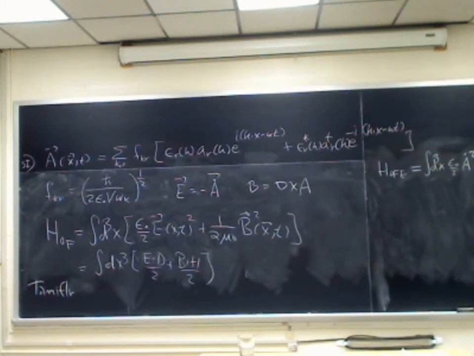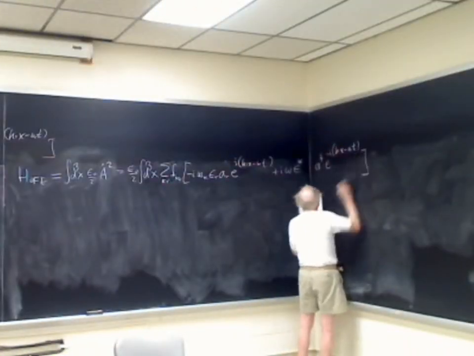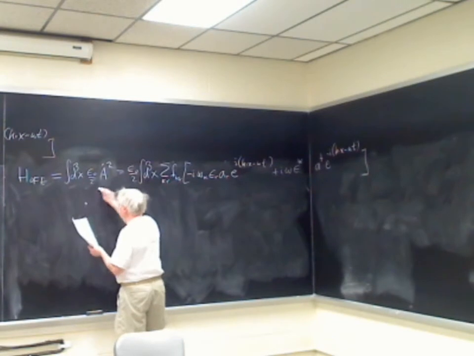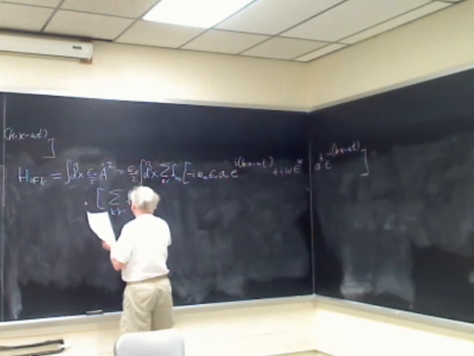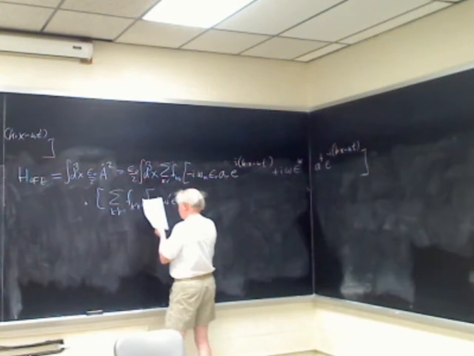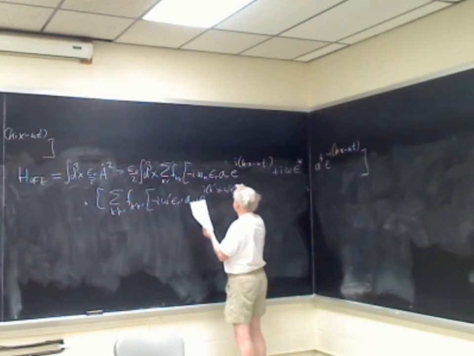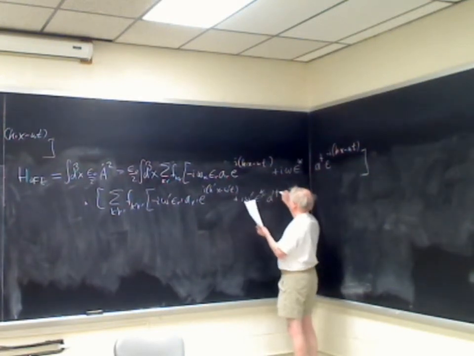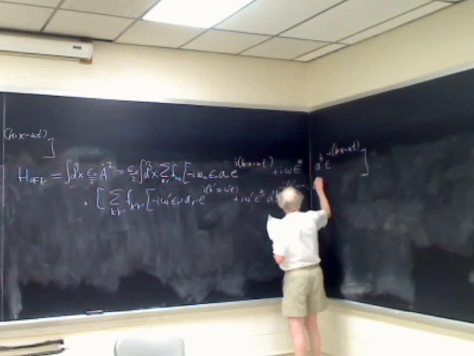I'm going to go on to this board now. a dagger e to the minus i(k·x − ωt). Okay, that is dotted into the sum over k', r' of f_k'r' [−iω' ε_r' a_r' e^{i(k'·x − ω't)} + iω' ε'* a'† e^{−i(k'·x − ω't)}].